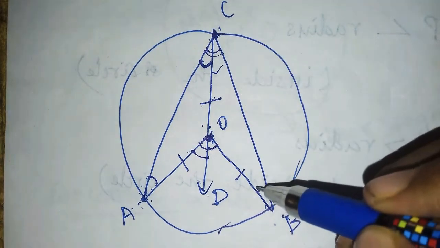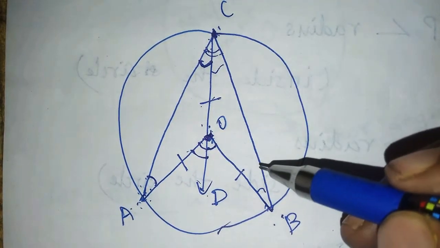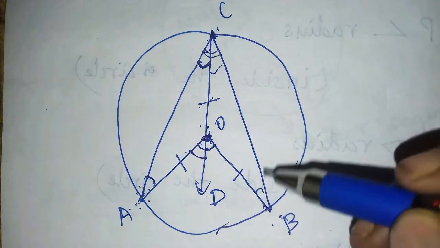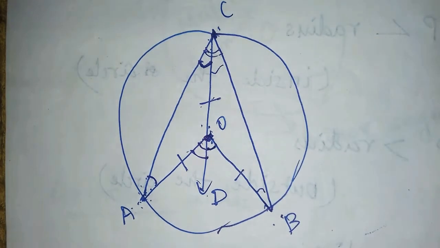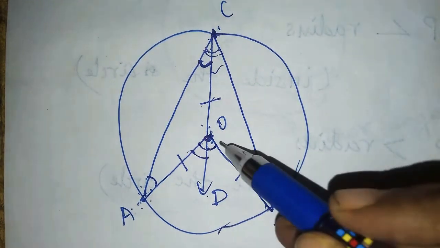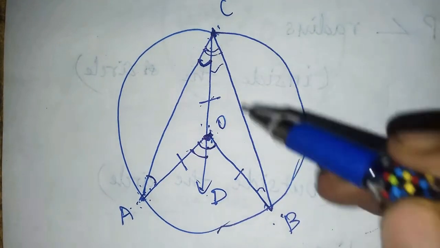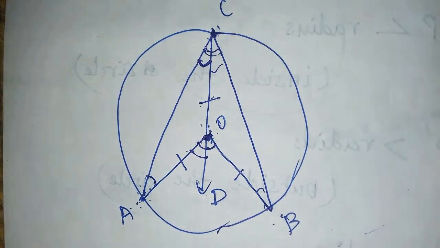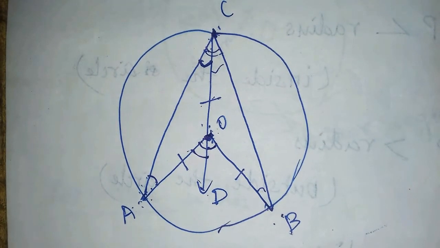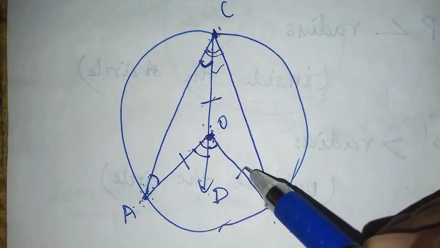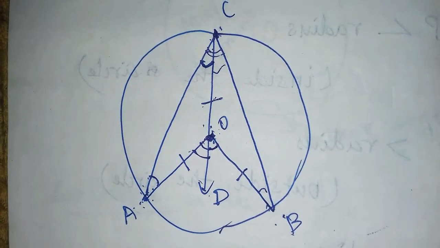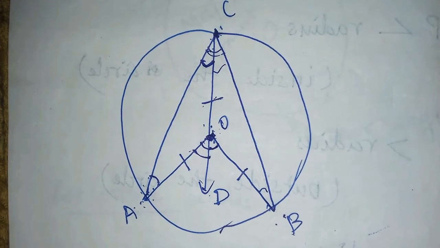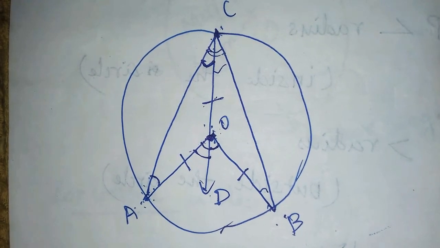Opposite to this angle are these two angles. So we are adding both the angles, and what will we get? If we add both the angles, we will get this exterior angle. That only we have written. BOD is equal to angle OCB plus OBC. Okay, can you understand this? Now we know that since these two sides are equal, these two angles will be equal. So we have written it as 2 angle OCB. Okay, can you understand this?